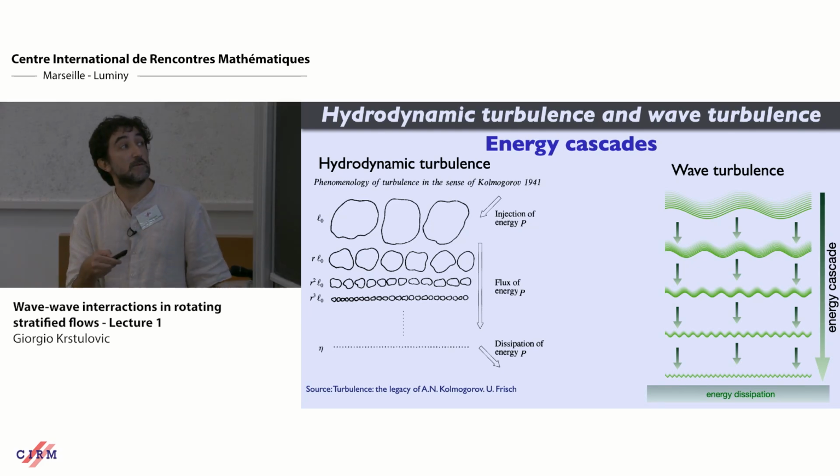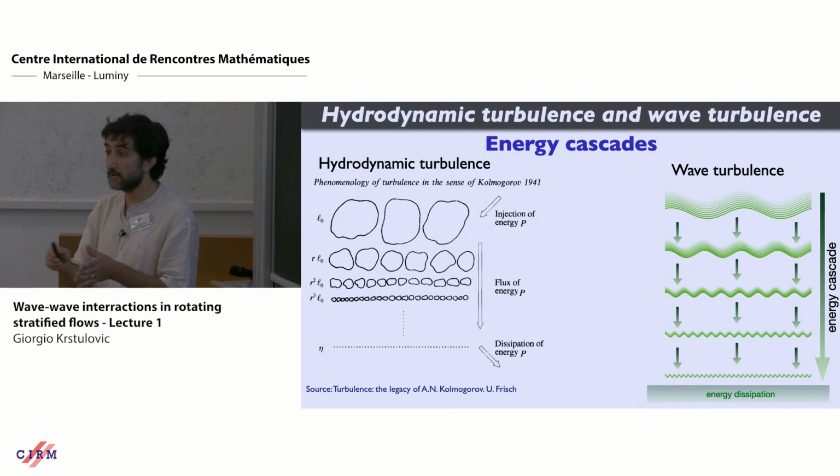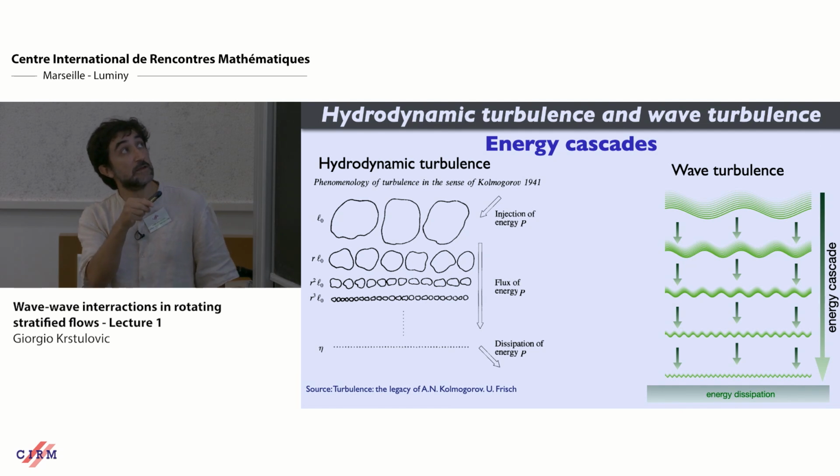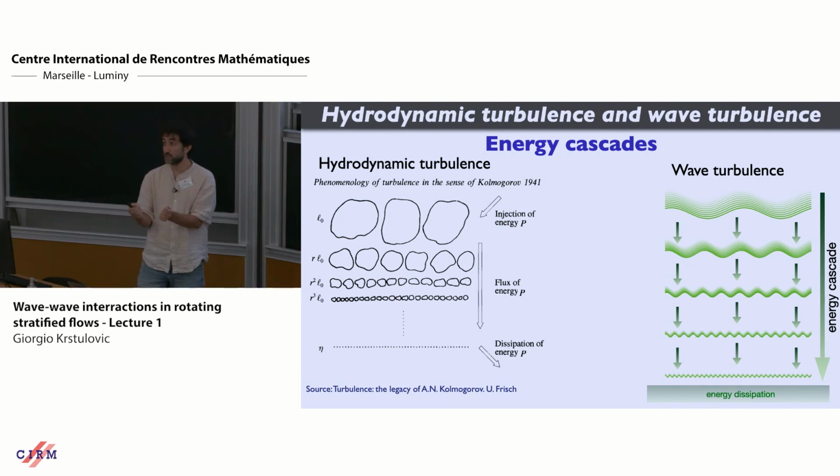This is the very famous picture taken from Uriel's book, where in Navier-Stokes turbulence you have big eddies which excite smaller eddies, and smaller, until you get to the smallest scale of the system where dissipation is efficient to kill them. Wave turbulence is the same idea. You start with waves that have a very long wavelength.